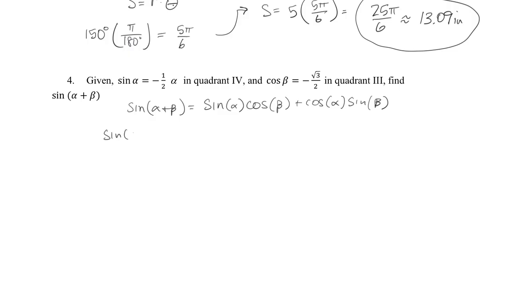So if we know the sine of alpha is -1/2 and alpha is in quadrant 4, from that information we need to find the cosine of alpha. So if we use the right triangle definition of sine, this would be the opposite length over the hypotenuse. So we need to find the adjacent length using the Pythagorean theorem.